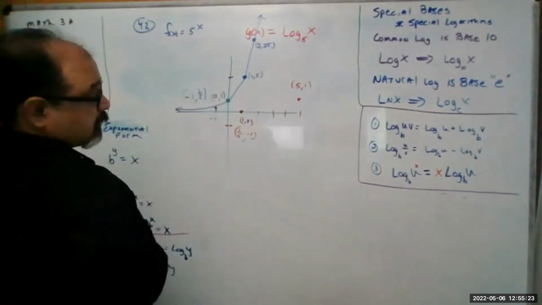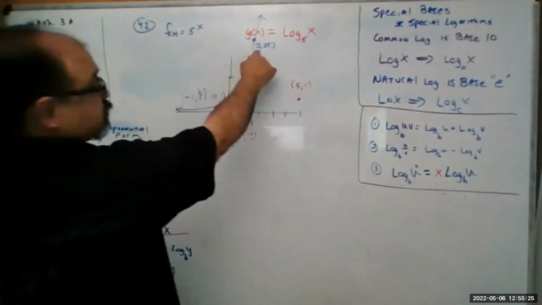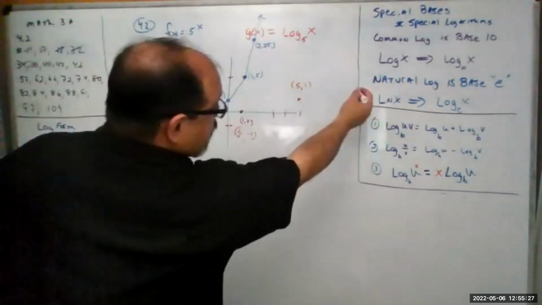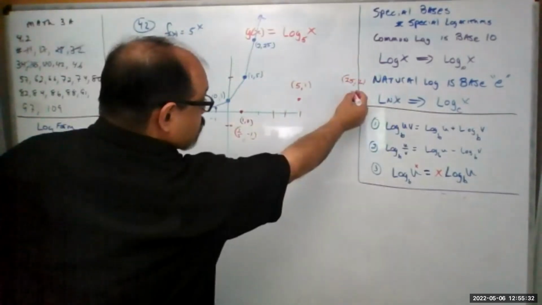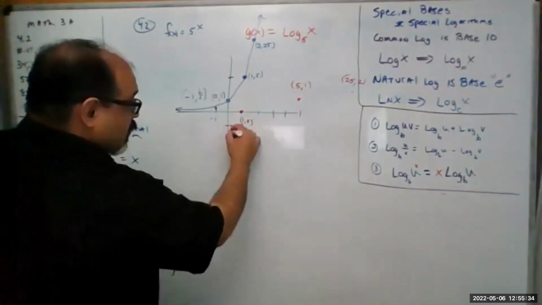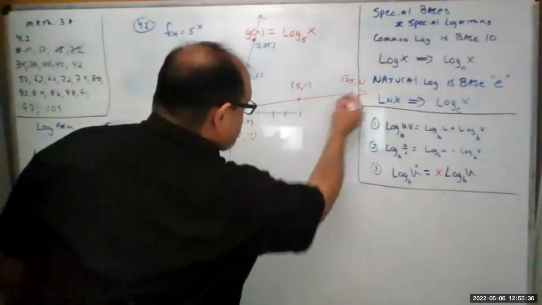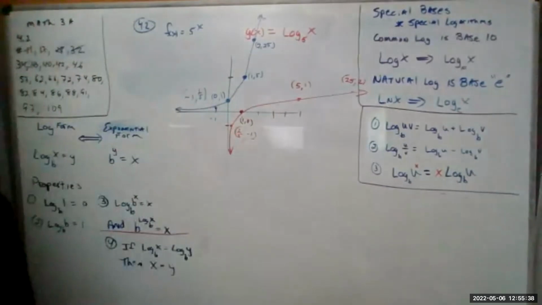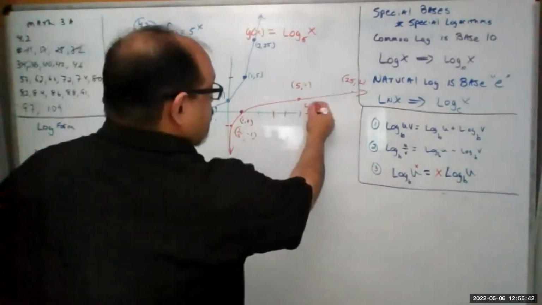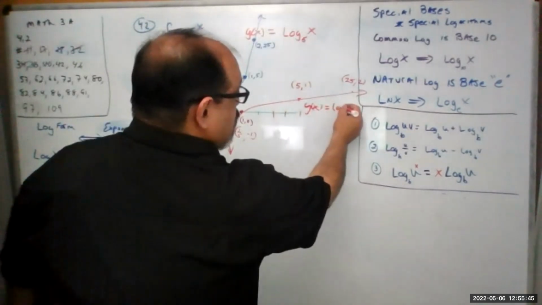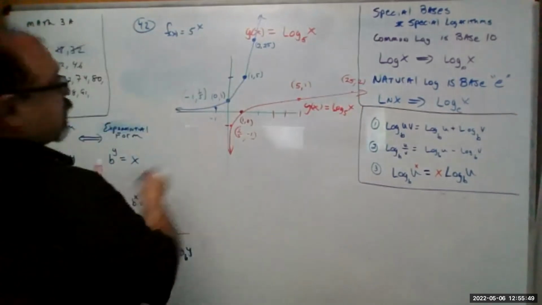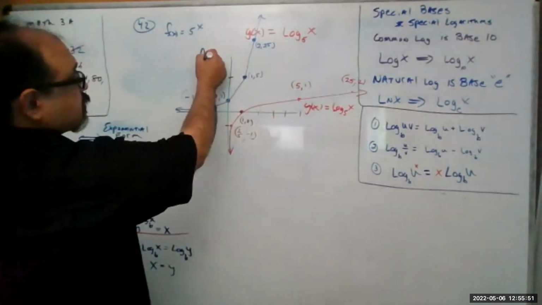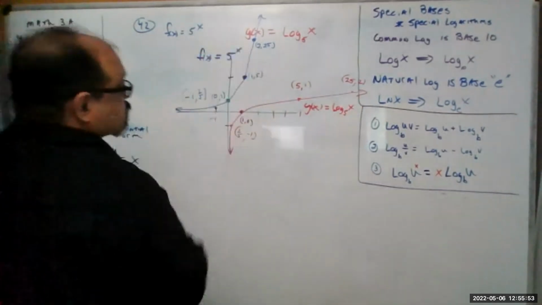Switch the ordered pair. And then way down there, if this is (2, 25), then you're going to have (25, 2). And so it's going to go like this. That's what your inverse functions look like. Here is your g of x equals log base 5 of x, and over here is f of x equals 5 to the x.